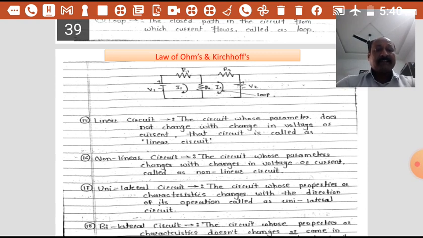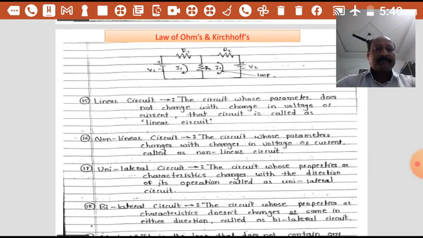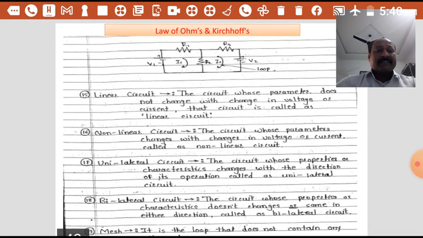Then the unilateral circuit, the circuit whose properties or characteristics change with the direction of its operation, is called a unilateral circuit. And next is the bilateral circuit, the circuit whose properties or characteristics don't change in either direction, called a bilateral circuit.